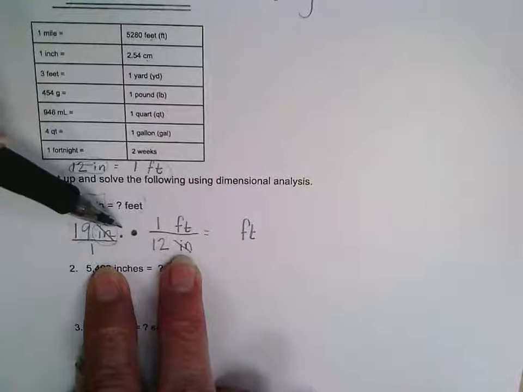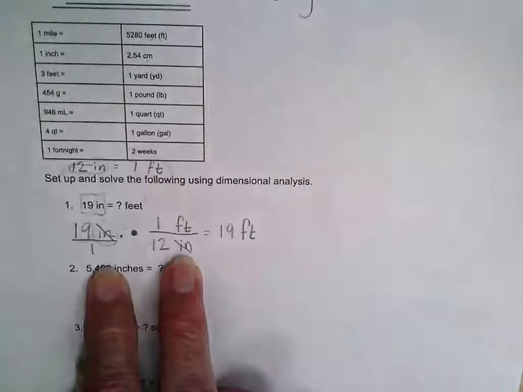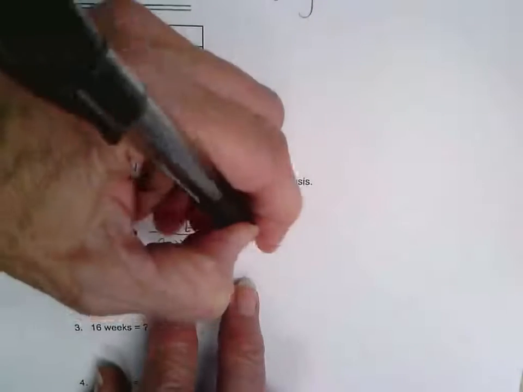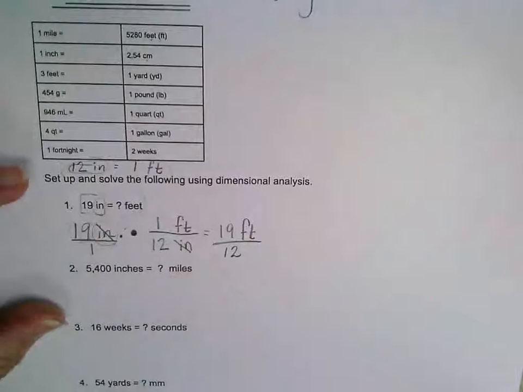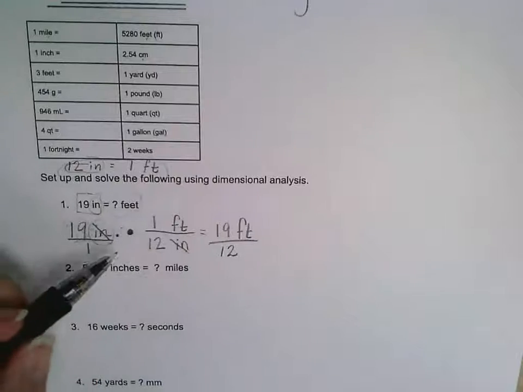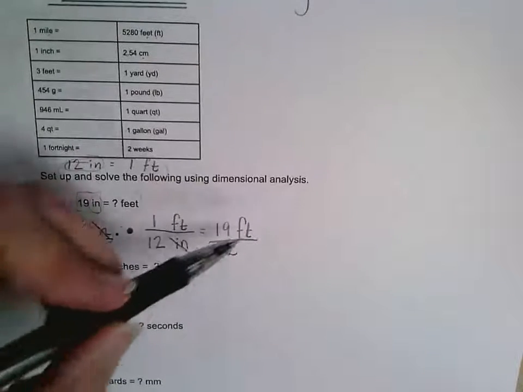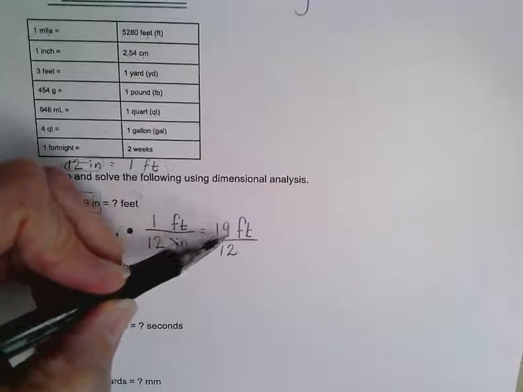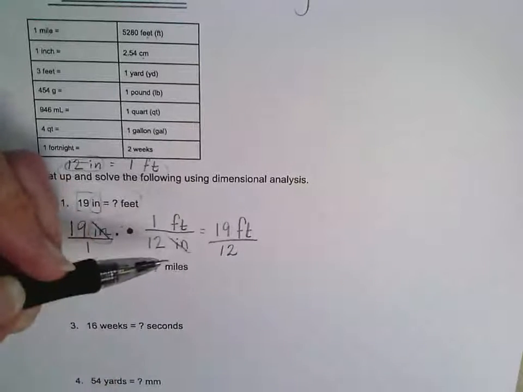What I need to do now is multiply straight across the top and write 19 in my first term, and down below I'm going to write 12. And I canceled my labels, my units, inches and inches, and I'm going to just look at 19 twelfths of a foot.